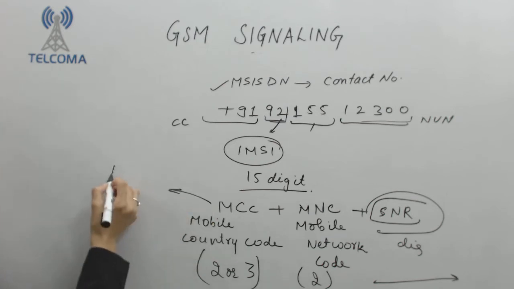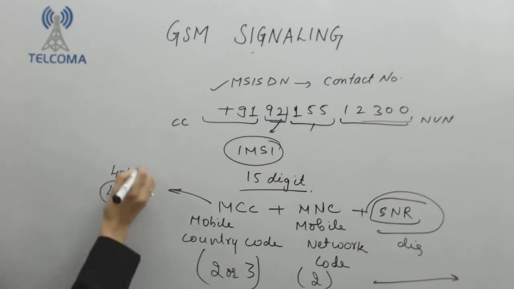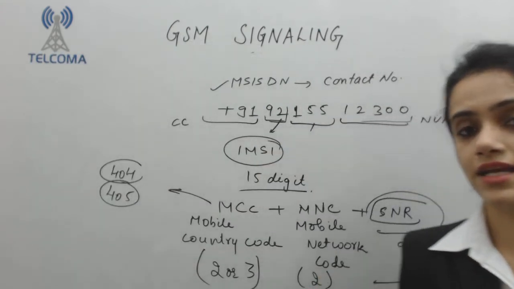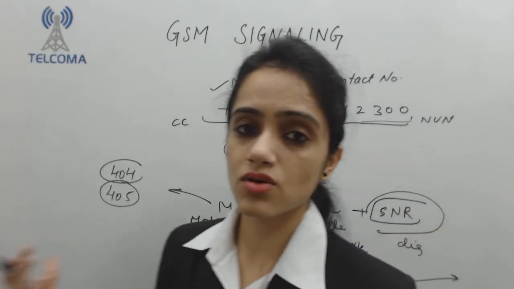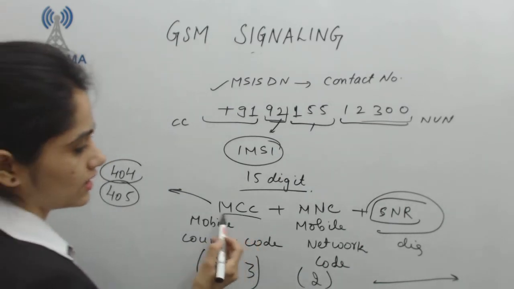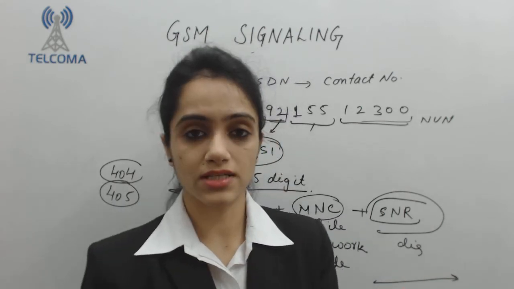Like India has the country code 404, and we are also using 405. We are using 2 mobile country codes. China is using 3, and it is according to the users and the population. So that is the mobile country code, and after that the MNC is totally operator specific.